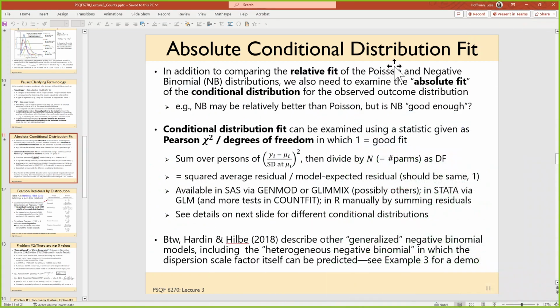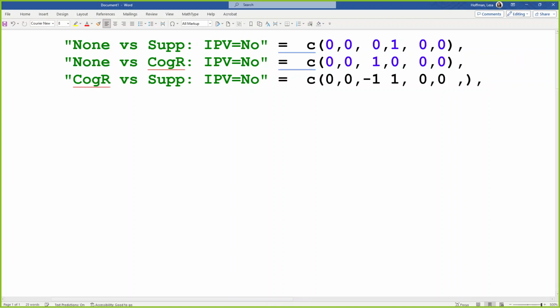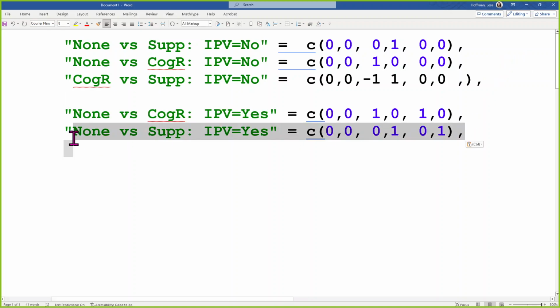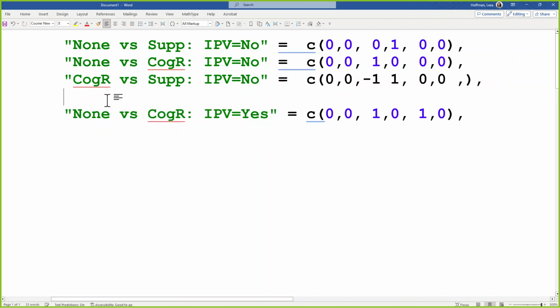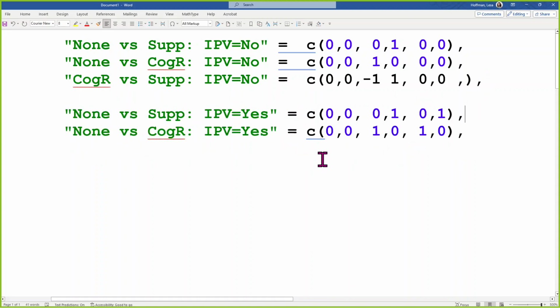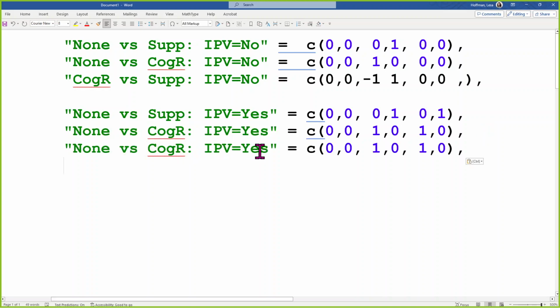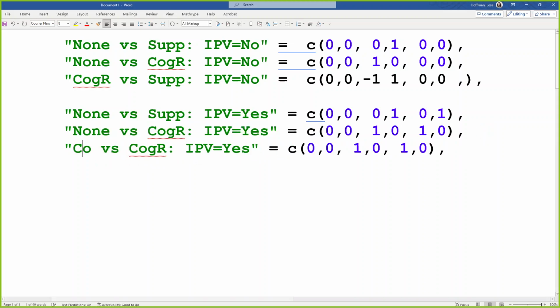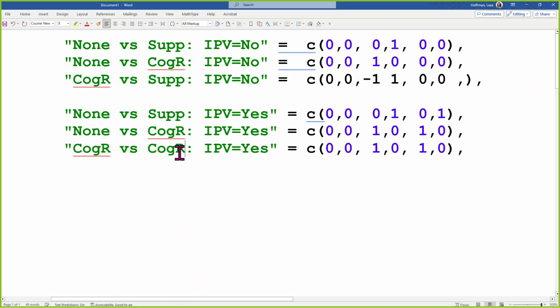This is in the alternative group for IPV. So there's more stuff in it. Okay. Same principle. Cogger versus sup.